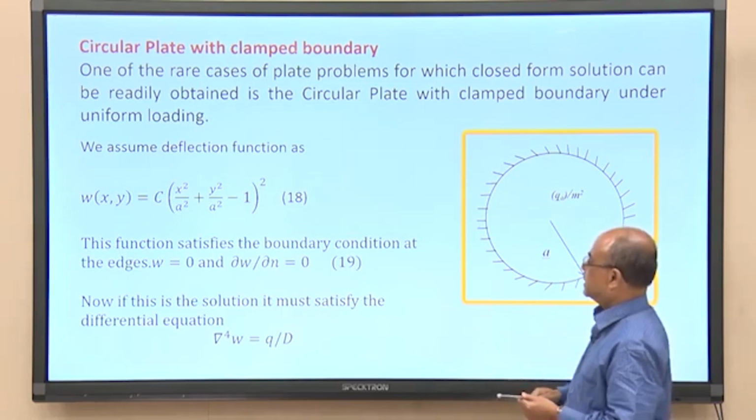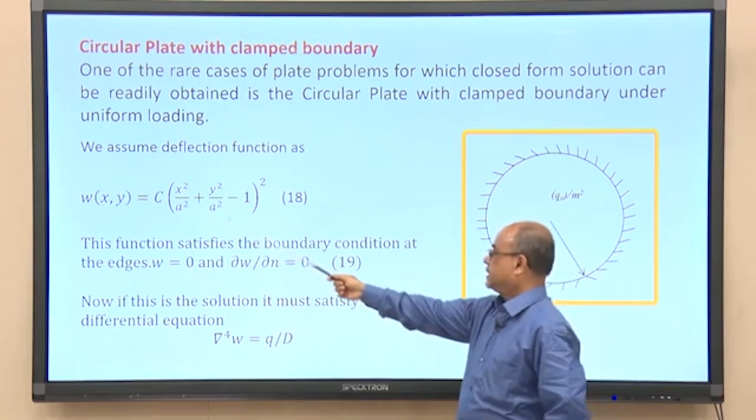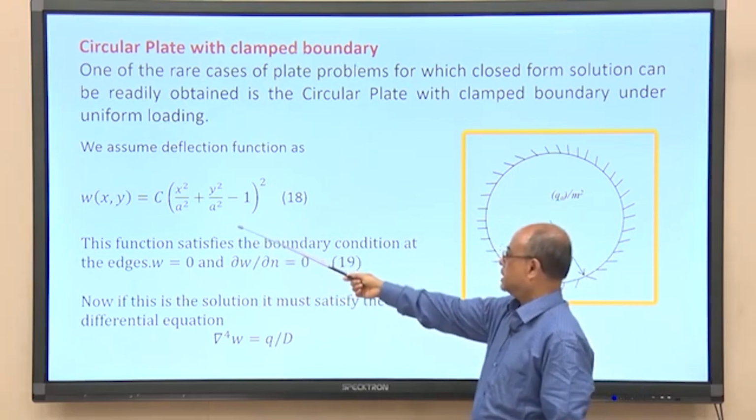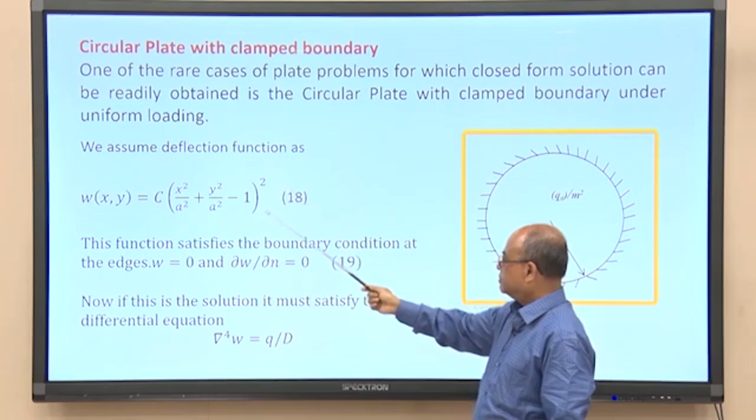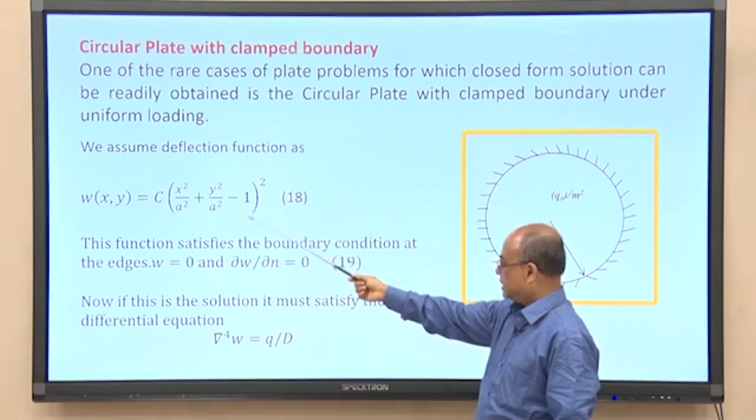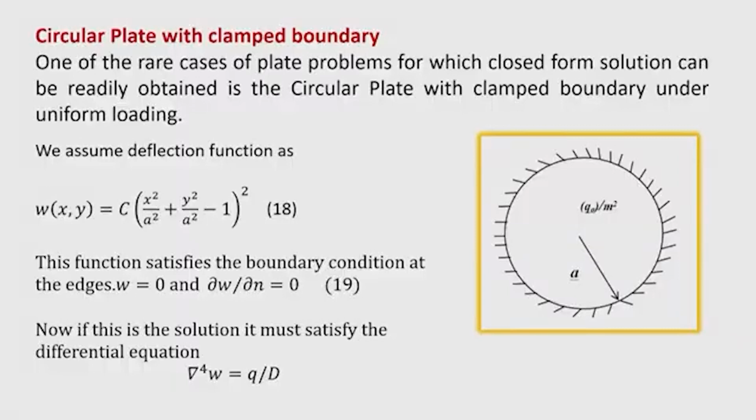If I assume a deflection function, say w equal to C, where C is an unknown constant, into x square by a square plus y square by a square minus 1, whole square, then it readily satisfies the boundary conditions. So, what are the boundary conditions?